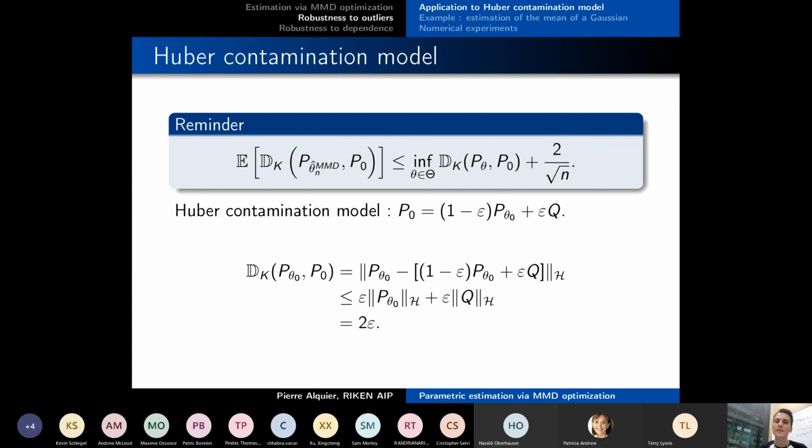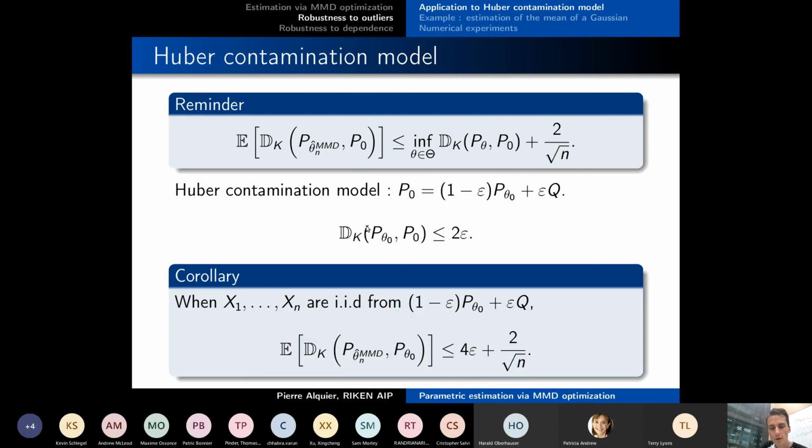And you can do the same, you can upper bound the distance between P theta hat and P theta naught in the same way. So it's quite easy in some sense to obtain an upper bound here.